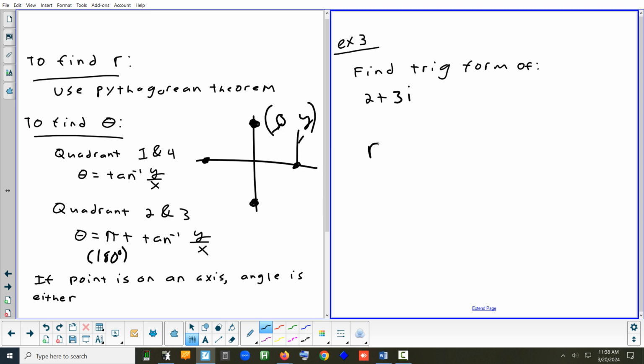Let's do R first. How do you find R? Yeah, we're doing Pythagorean theorem. And if you need your point to visualize it, it's right there. So that line that I just made bold, that's your radius. So what's going to be my formula to find the radius?